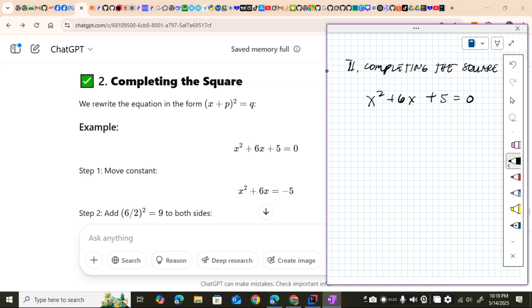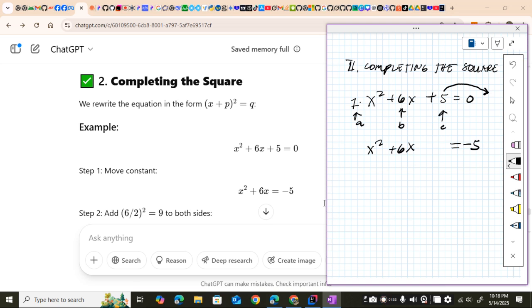Now all we need to do is move the constant, essentially the c. Okay, so by the way, we assume that this is 1, so that's essentially our a. This is our b, which is 6, and our 5 is c. So we move the 5 to the other side, so essentially we have x squared plus 6x equals negative 5, just as ChatGPT shows us here in the second line.